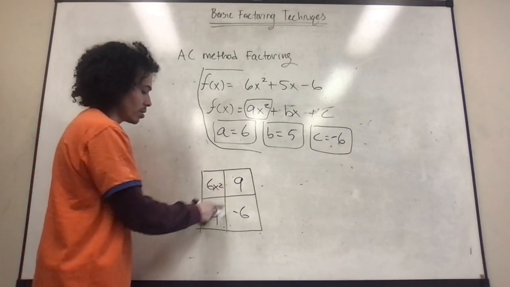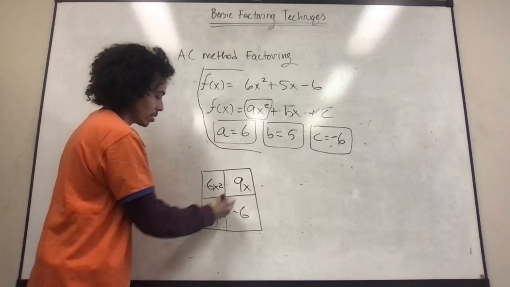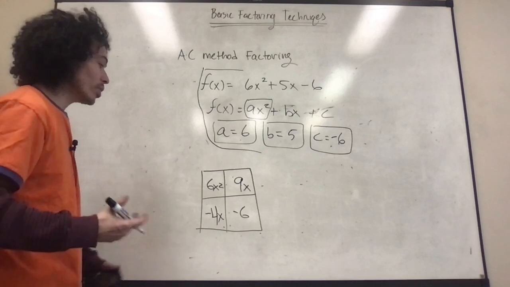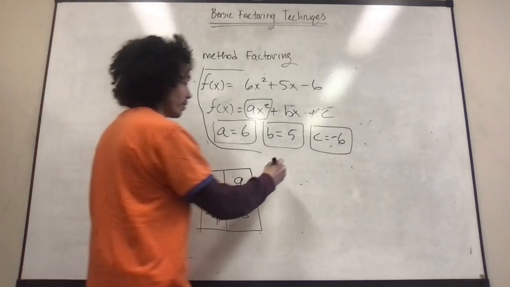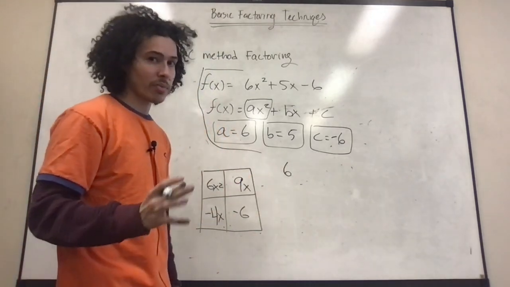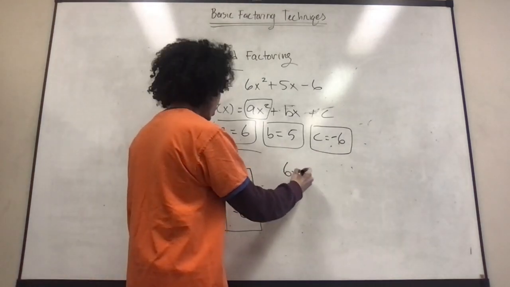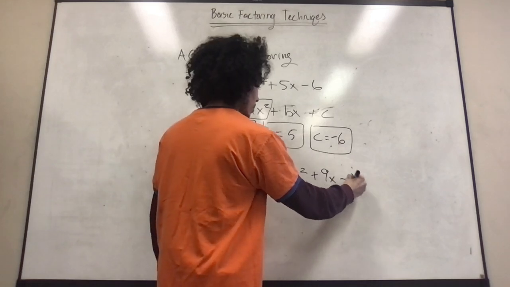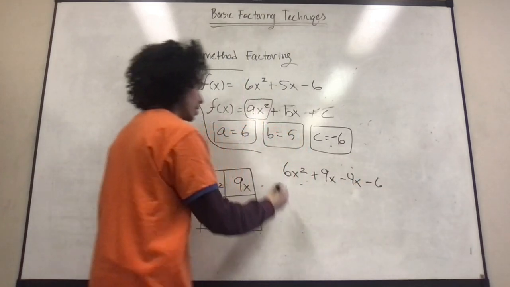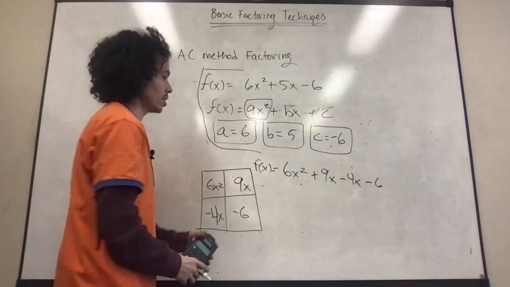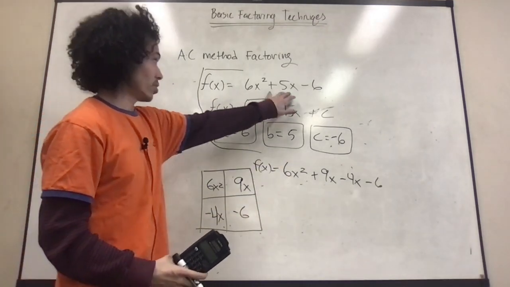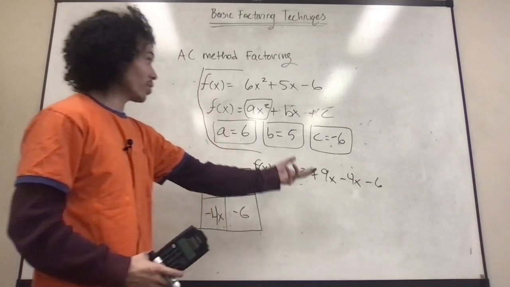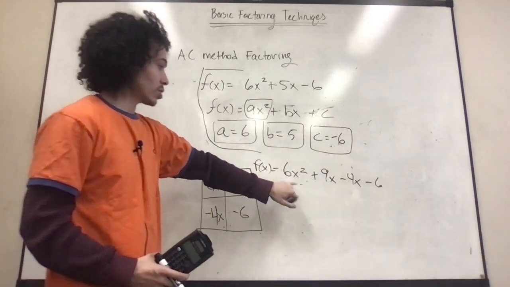Again, we're going to take our z and our r terms, and we're going to make sure to add an x on them. Because what we've essentially done here, if you've seen factor by grouping, is split up this function: 9x minus 4x is equal to 5x, and we have our 6x squared and our -6.